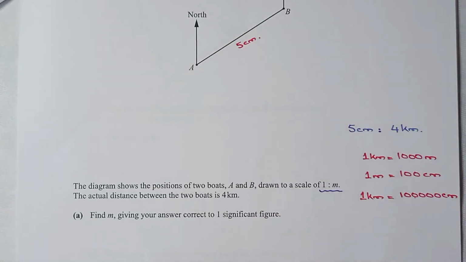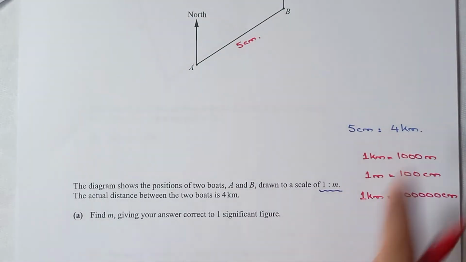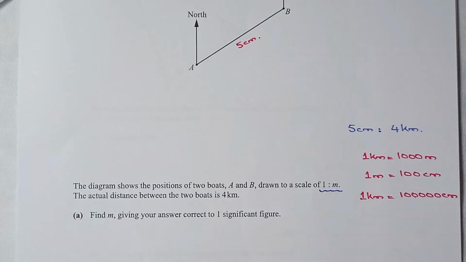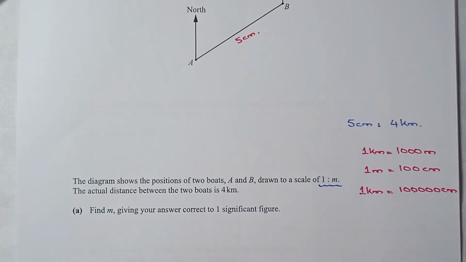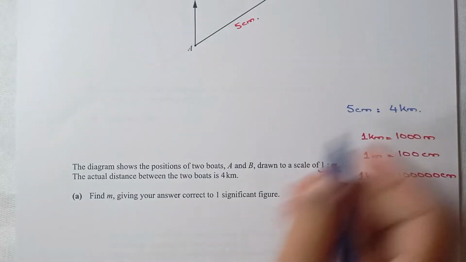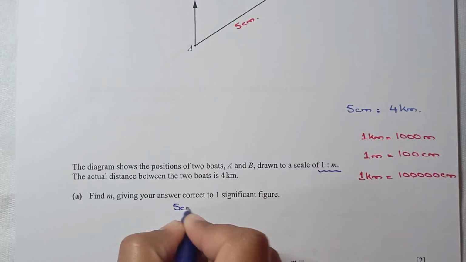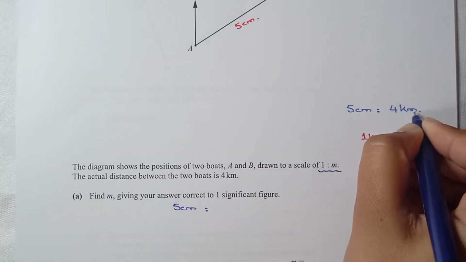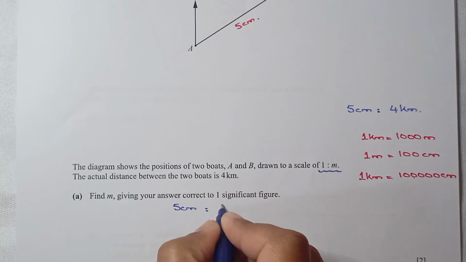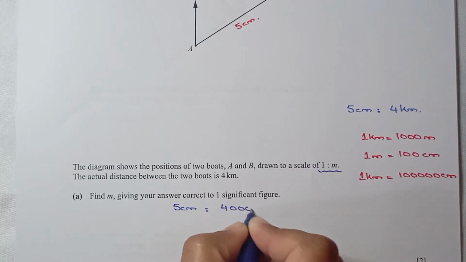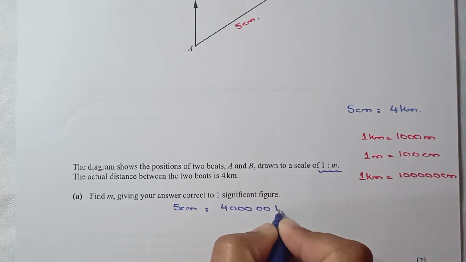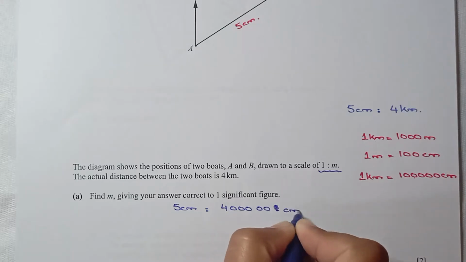Yes. Okay, so by using this conversion, what is 5 centimeters in terms of kilometer? So we have 5 centimeter, this would be 4 kilometers. So 4 kilometer would be 400,000 centimeter, right?